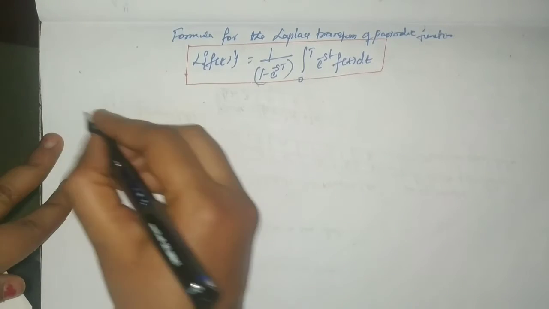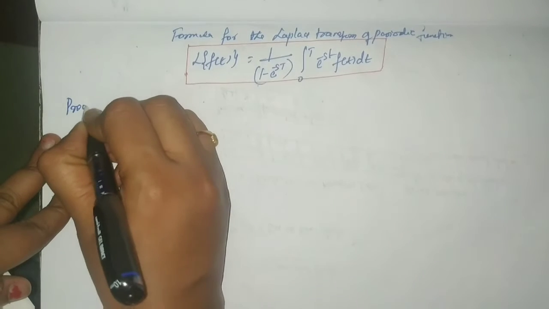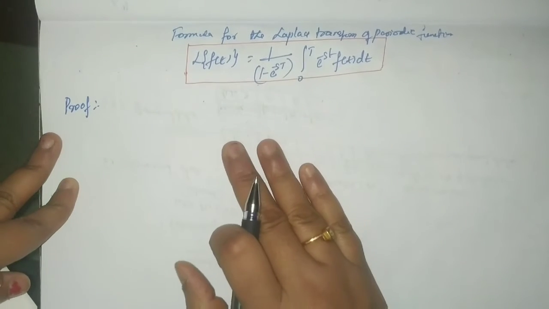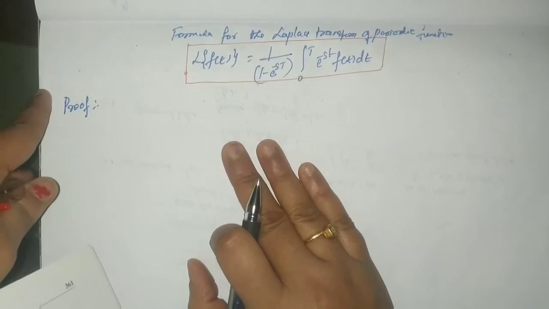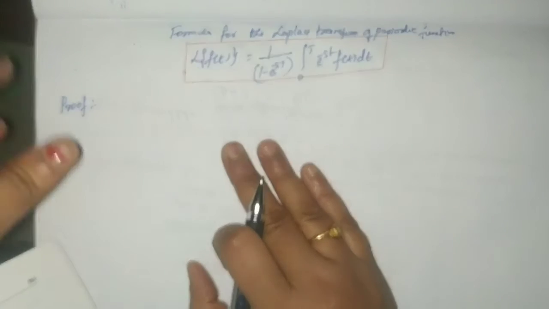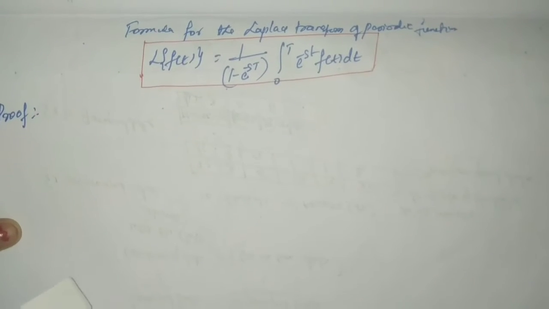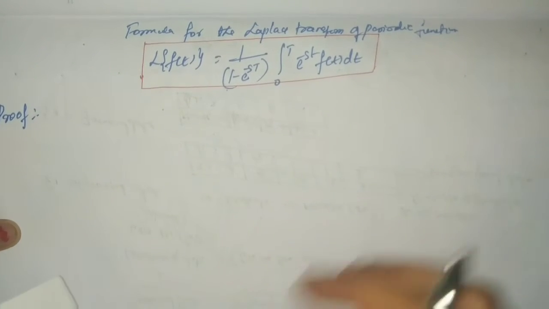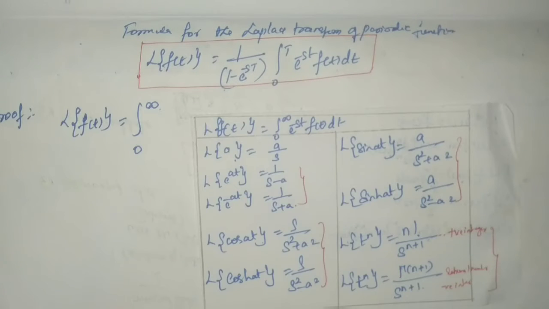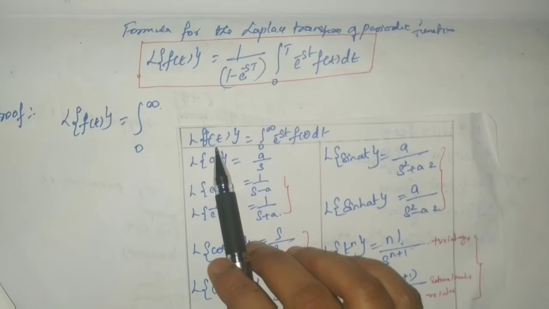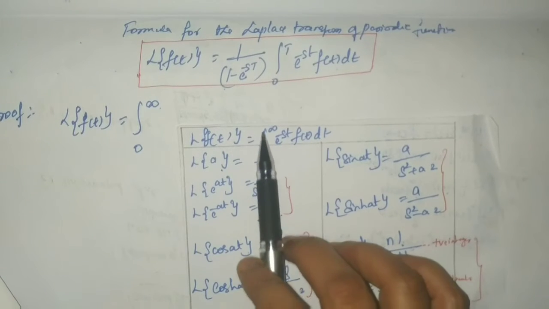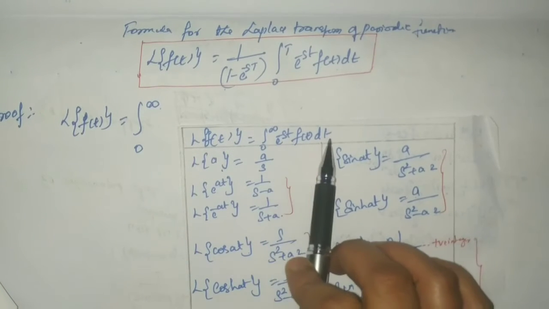So let us start the proof. It's very simple. You just need the basic idea of the formula and how we are going to sum it up. We use the basic definition, the integral from 0 to infinity of e power minus st f of t dt.